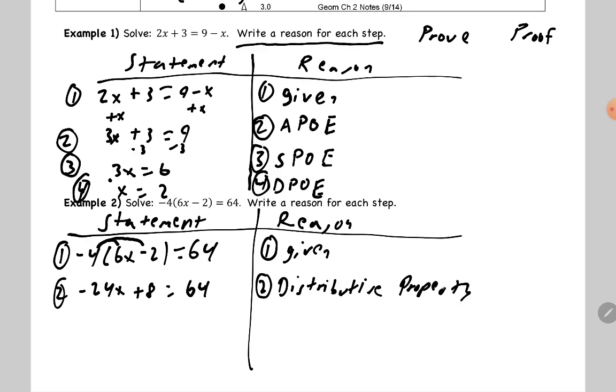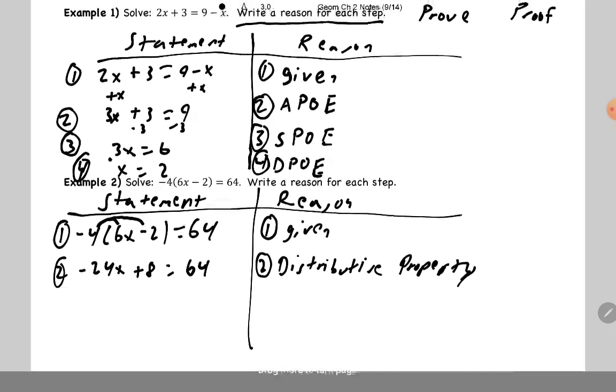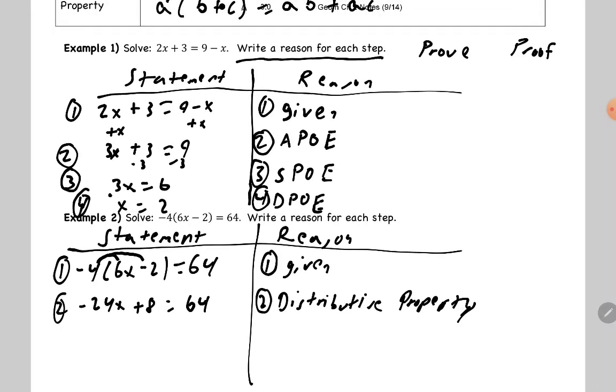There's no shorthand for that, so you just say distributive property. And then we're going to subtract 8 from both sides. So subtract 8, and I'll get -24x equals 56.